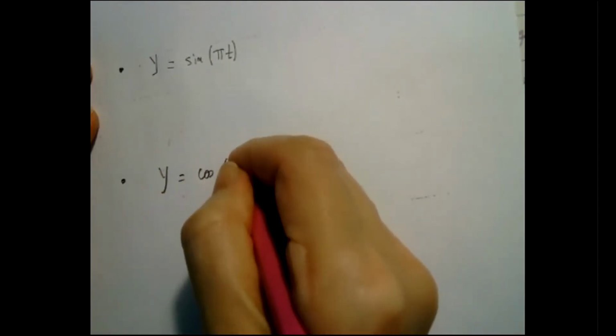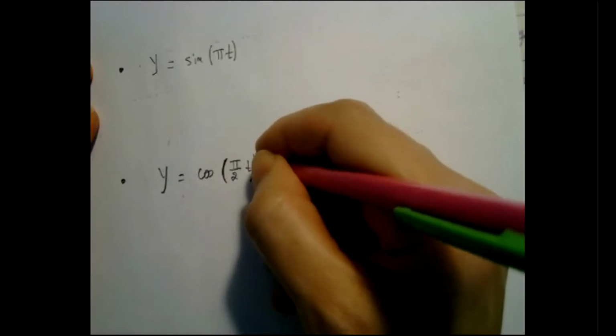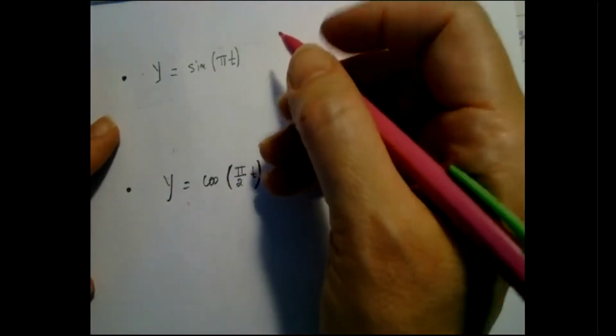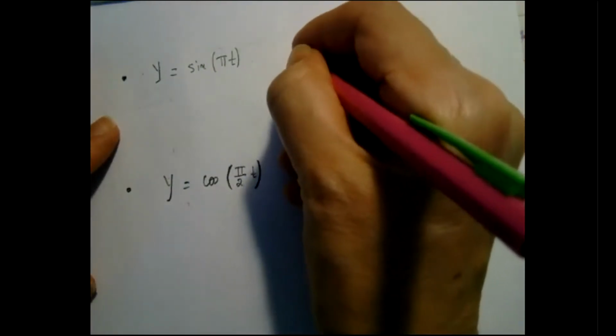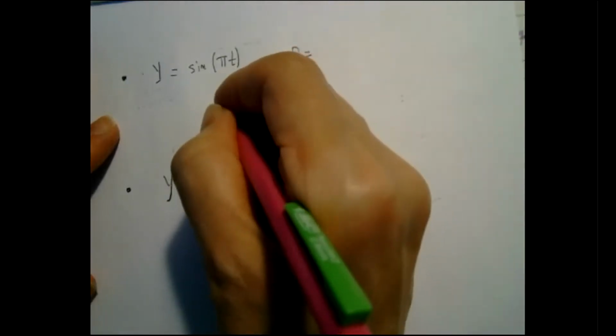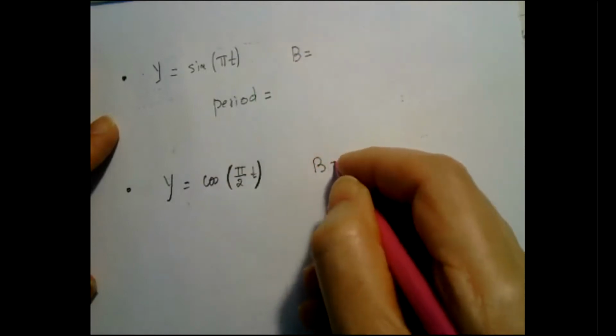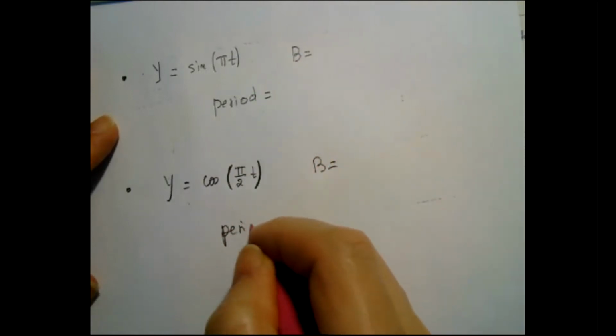And finally, cosine of pi over 2 t. Always identify the b, and once you identify the b, we can find the period.